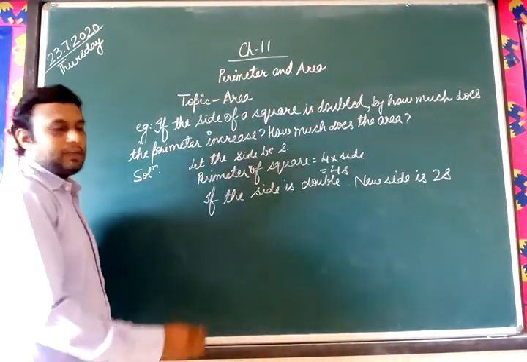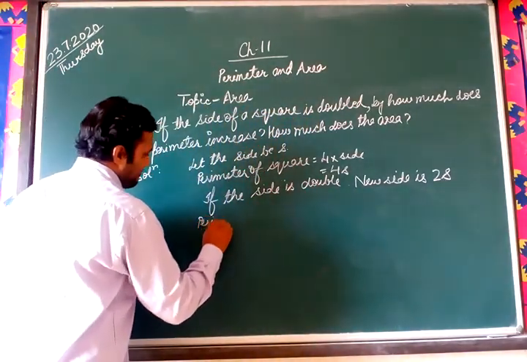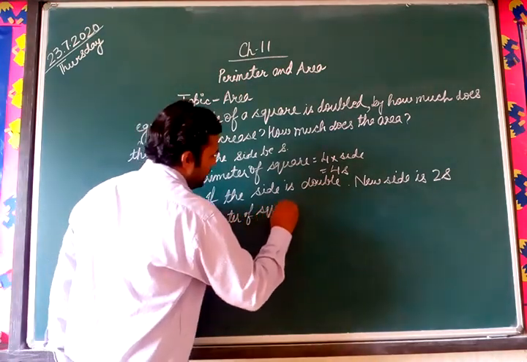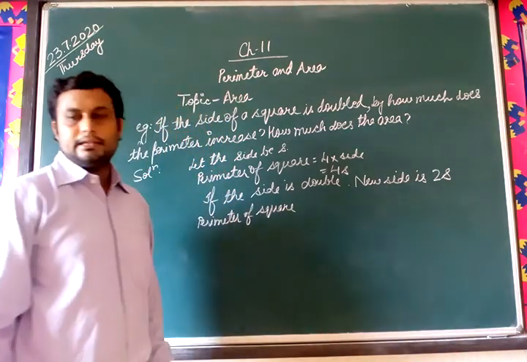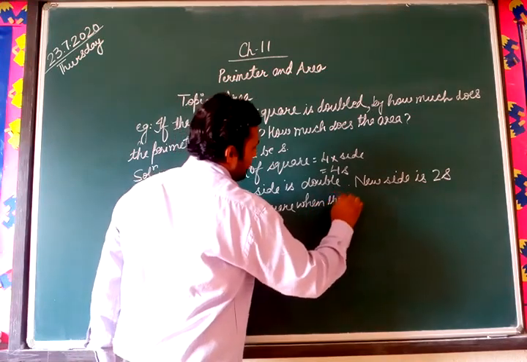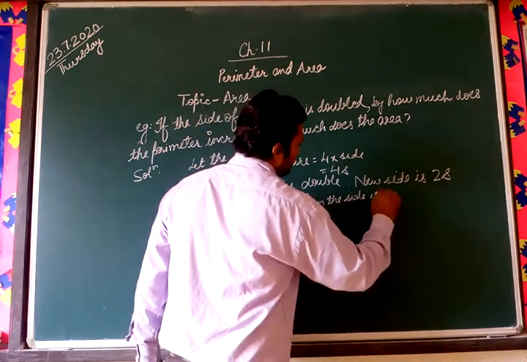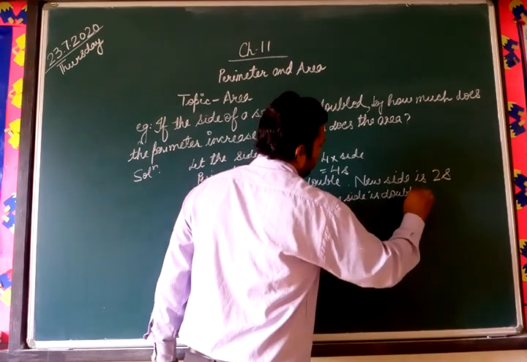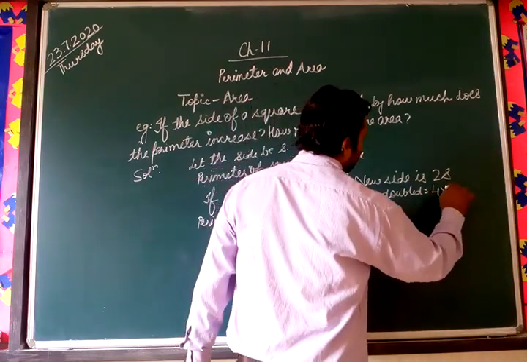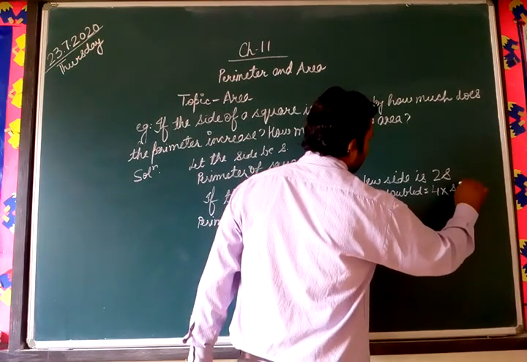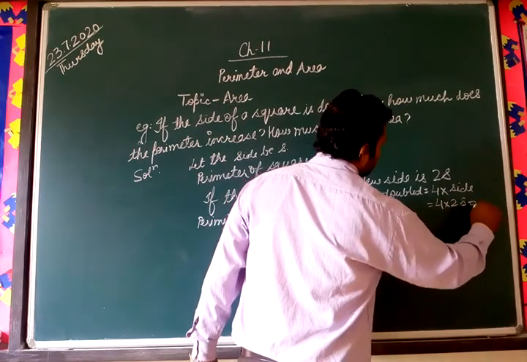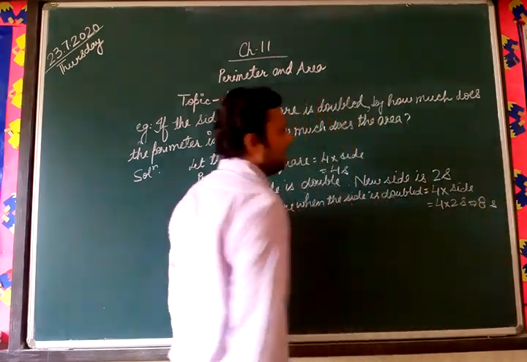Now the perimeter of the square when the side is doubled is 4 multiplied by the side. This is the formula, 4 multiplied by 2S. It will be 8S.